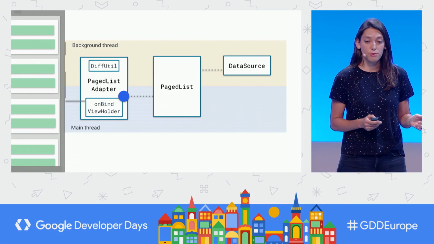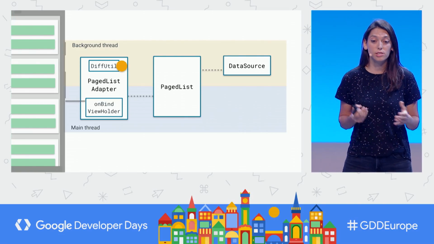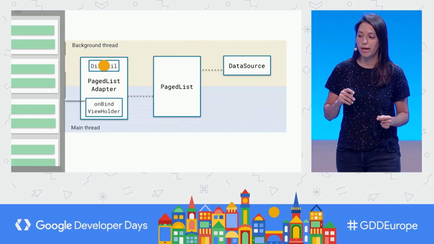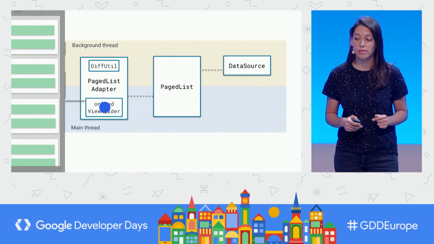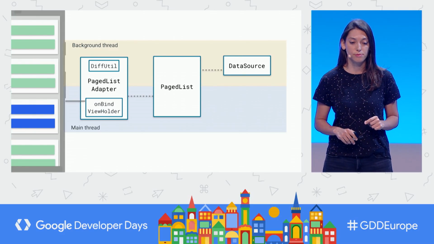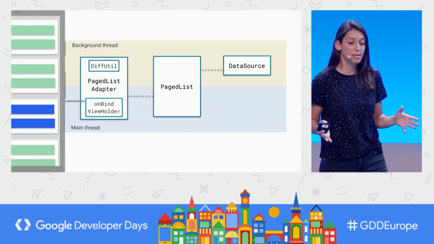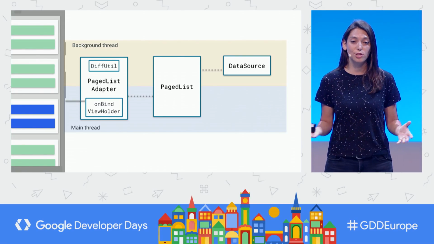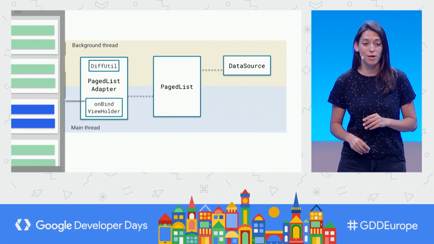So on the background thread, the page list adapter needs to compute what changed, what's the difference. And then, back on the UI thread, the view is updated in the onBindViewHolder. So all of this happens automatically. You just insert an item in the database, and then you see it animated in, and no UI code is required.